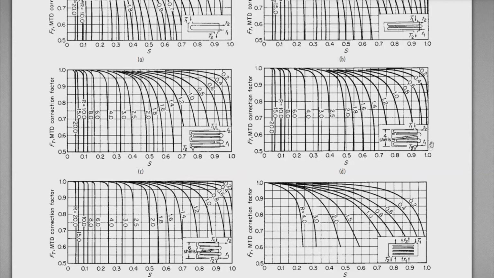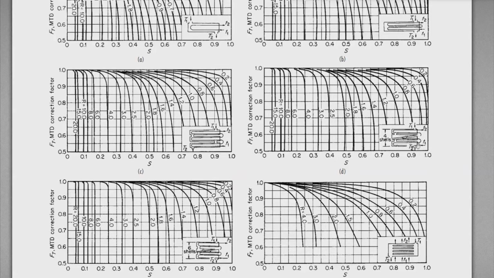So, yes, that's correct. So in the Paris Handbook, you can see here, the capital T here represents the hotter fluid, and then the small t actually represents the lower temperature or the colder fluid.